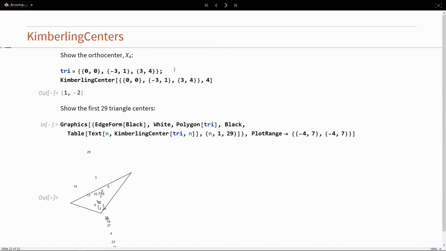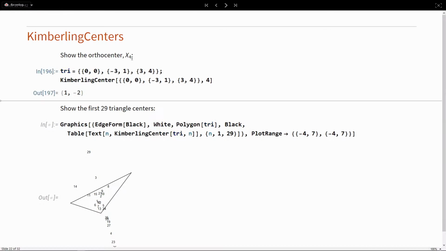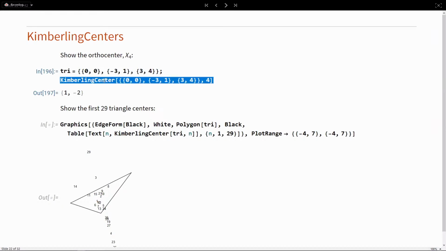Kimberling Centers from the Encyclopedia of Triangle Centers. The site was developed by Clark Kimberling, so the triangle centers with their numbering scheme are often named after Clark Kimberling. So the orthocenter X4 for a triangle is, we have a KimberlingCenter function.